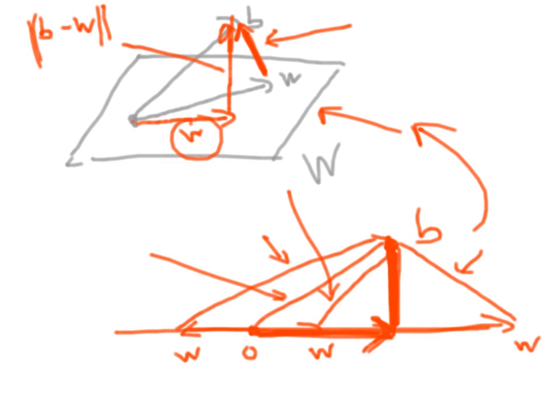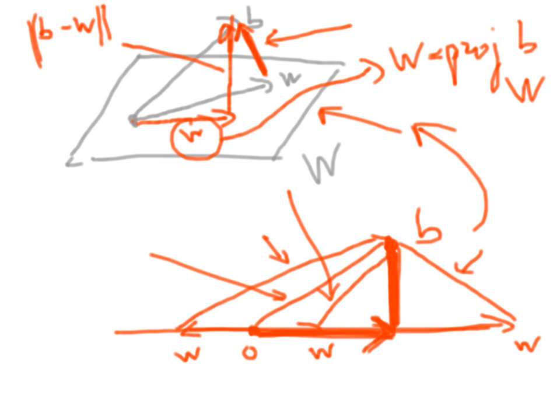How can we write this? Well, we can write that w as the projection of the vector b on the subspace W. So we are able to find the w that minimizes this distance. And this is basically what we wanted to do.